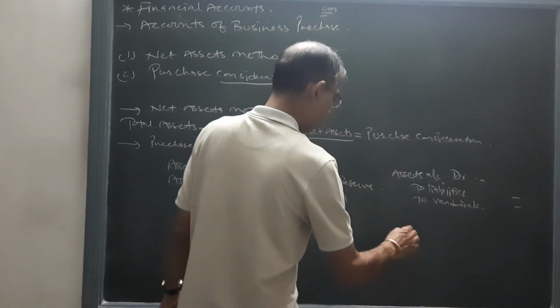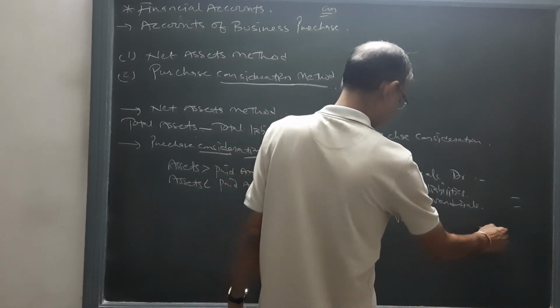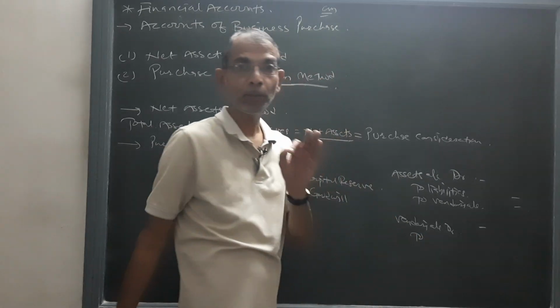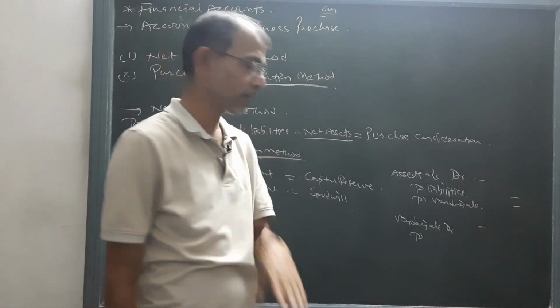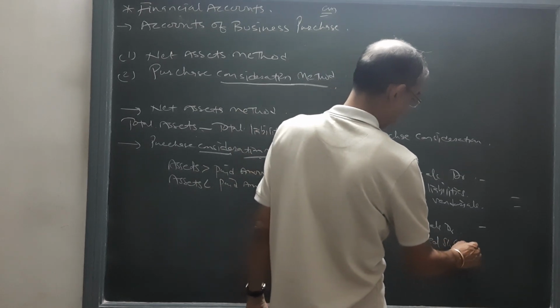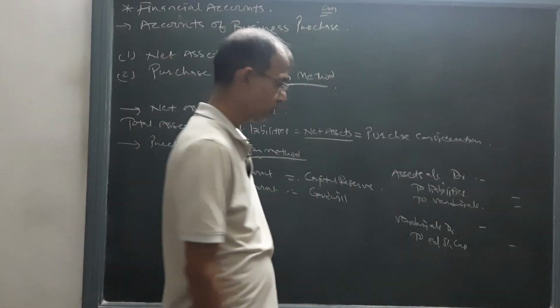Then vendors account will be debited, and what the company pays to the vendor will be credited. Suppose the company pays him in equity share capital, and the balance amount is paid in cash.